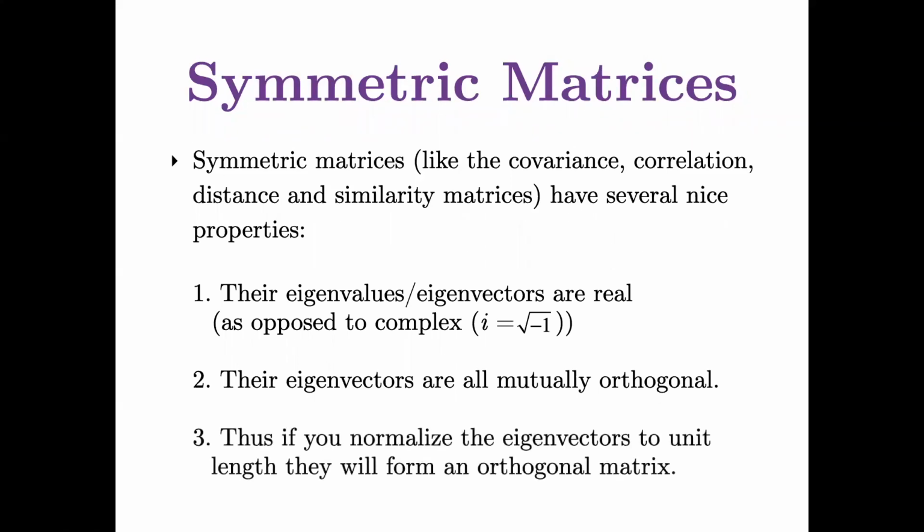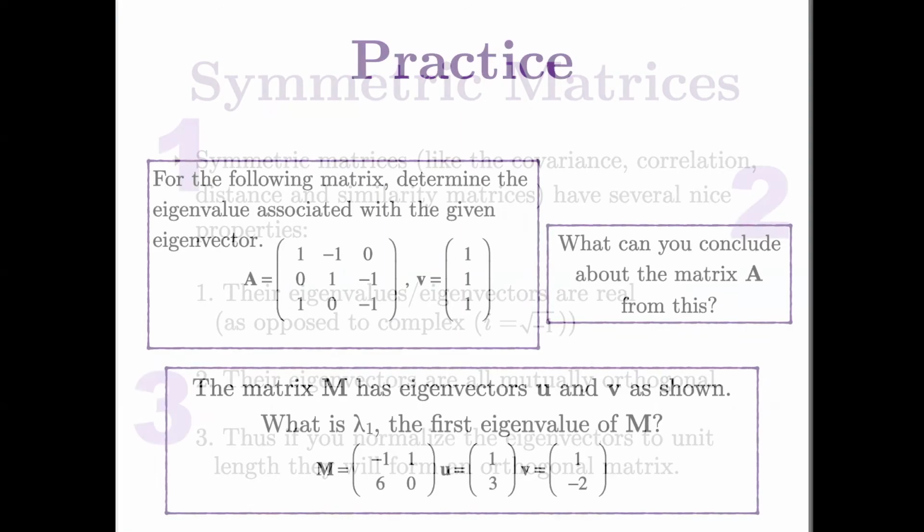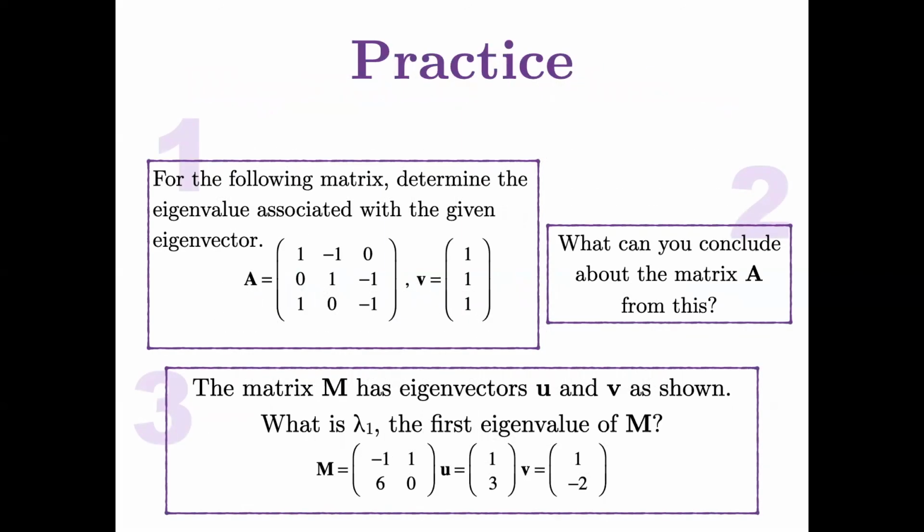So if you normalize the eigenvectors to unit length, they will form an orthogonal matrix, or an orthonormal basis. And that's exactly what we're going to take advantage of in principal components. Let's get some practice with these facts, and then we'll start introducing principal components in a little bit more detail.